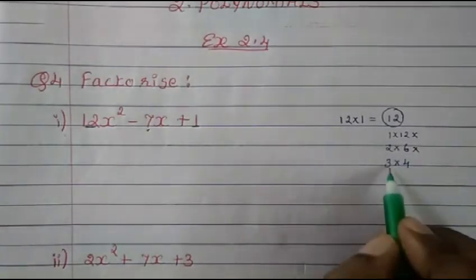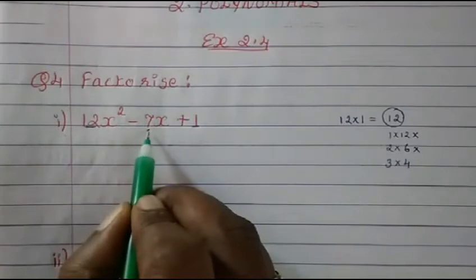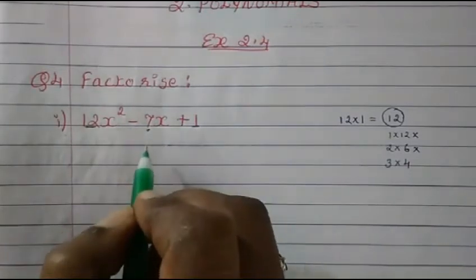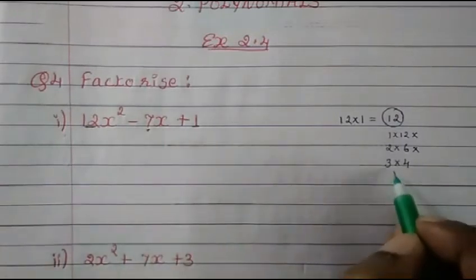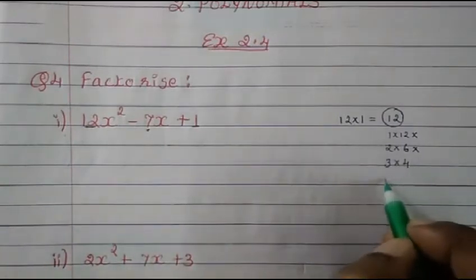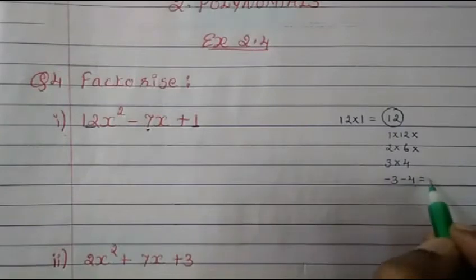Now let's say 3 plus 4 will be 7, so we are getting 7, but we have minus here. So if 3 plus 4 is 7, but we write minus 3 and minus 4, when we add we get minus 7.